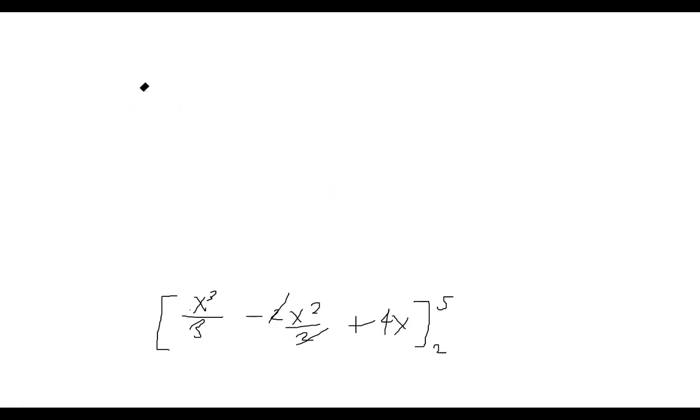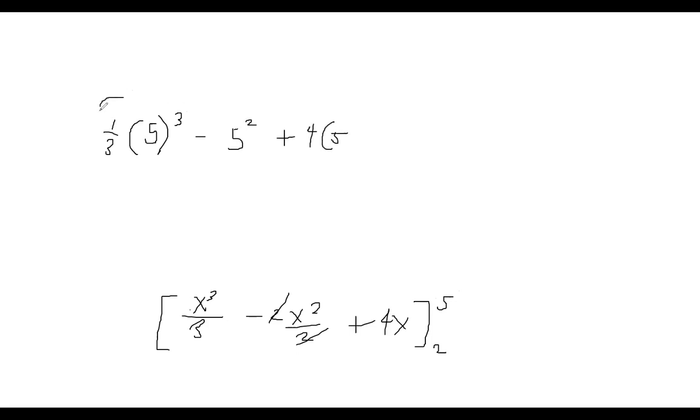We have 1/3 x cubed, and the value of the upper limit, which is 5, gives 1/3 times 5 cubed minus 5 squared plus 4 times 5.